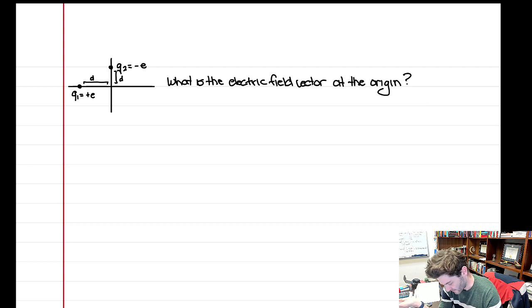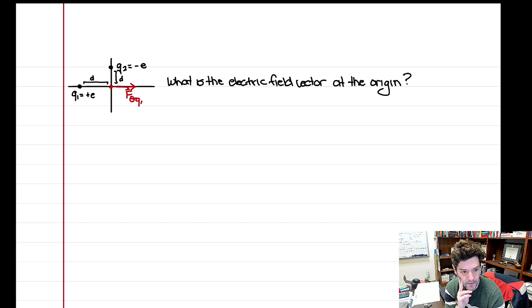Well, we could always be qualitative. It's always going to be qualitative first, right? Imagine I put a positive charge at the origin. Well, I know Q1 is going to want to repel it, so that will point it that way. Not probably, it will, right? On the origin, from Q1.